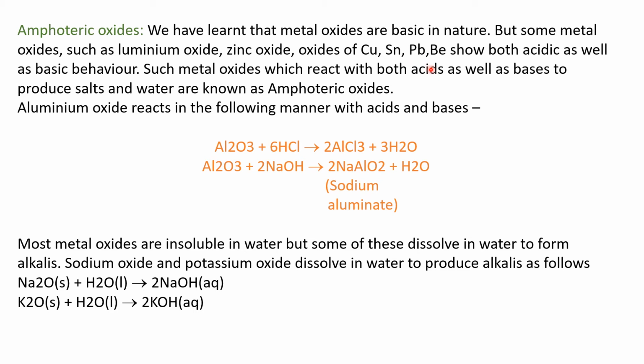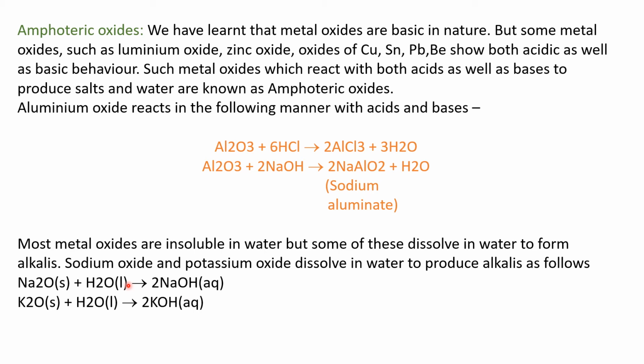Now let's see the nature of metallic oxides, not only amphoteric oxides, all the metallic oxides, and the solubility in water. Most metallic oxides are insoluble in water, but some of them dissolve in water to form alkalis. You have learned this already in the acids and bases chapter.